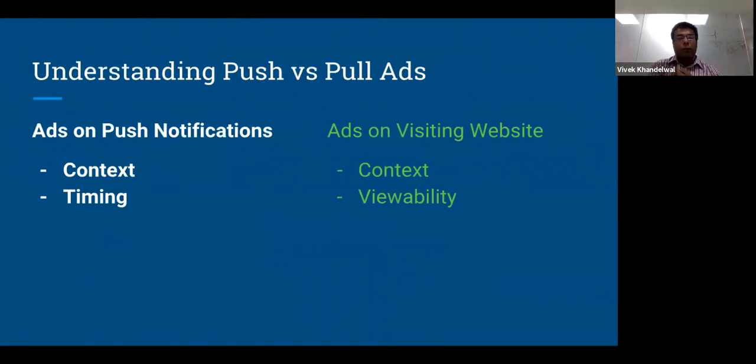Now, what is extremely important to see is this. In a classic pull advertising model, which is what you experience on the internet day in, day out, for example with Google AdSense, the focus of the publisher is very simple. The publisher wants to ensure that the ads users see as they visit the website are contextual to the user.